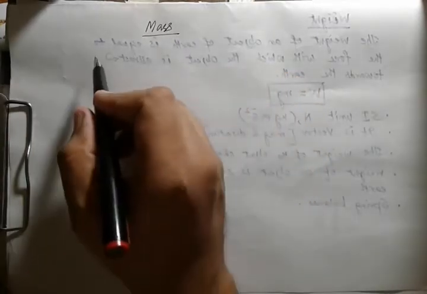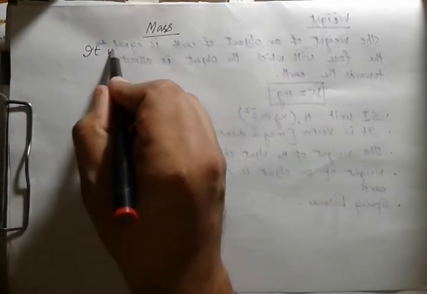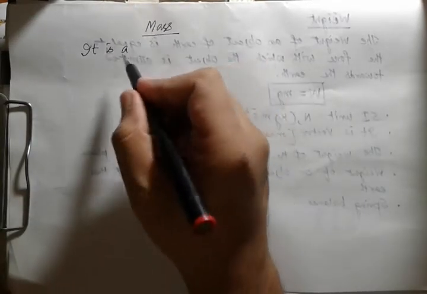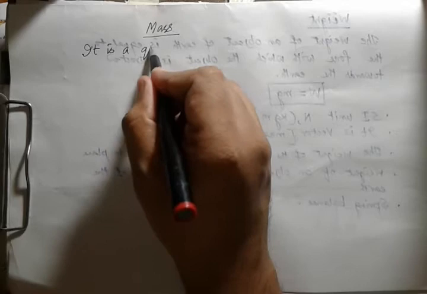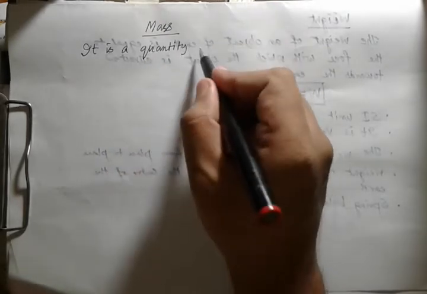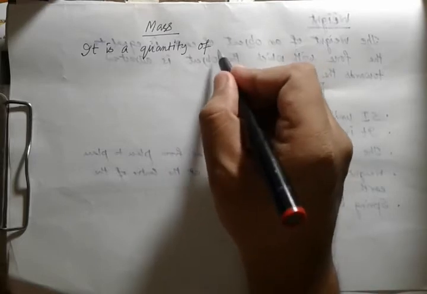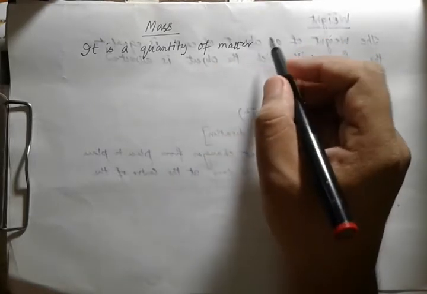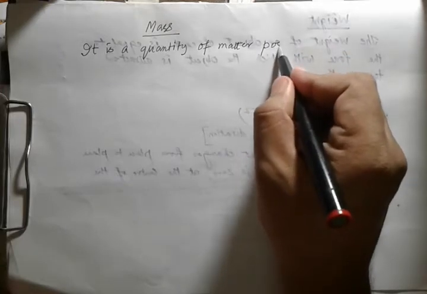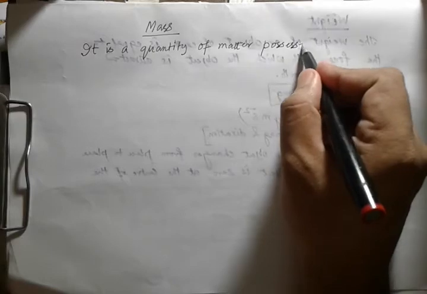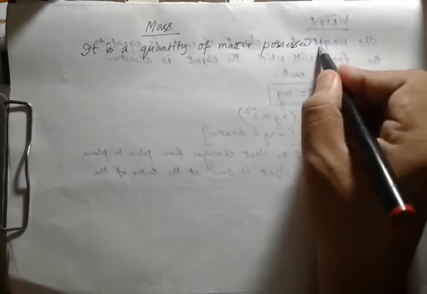Mass is a quantity of matter possessed by an object.